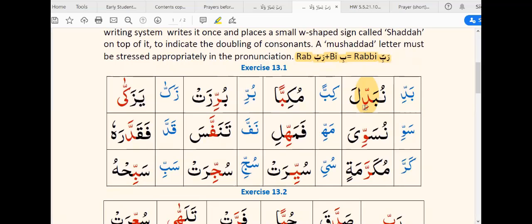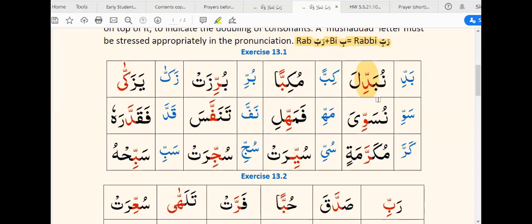We need to make sure that we produce the sound for each of the letters separately. If we don't produce the sound twice and do it just once, it will be Rabi, but that completely changes the meaning in the Holy Quran and it is incorrect. So we need to make sure that we produce the Ba sound 2 times, Rab, Bi.